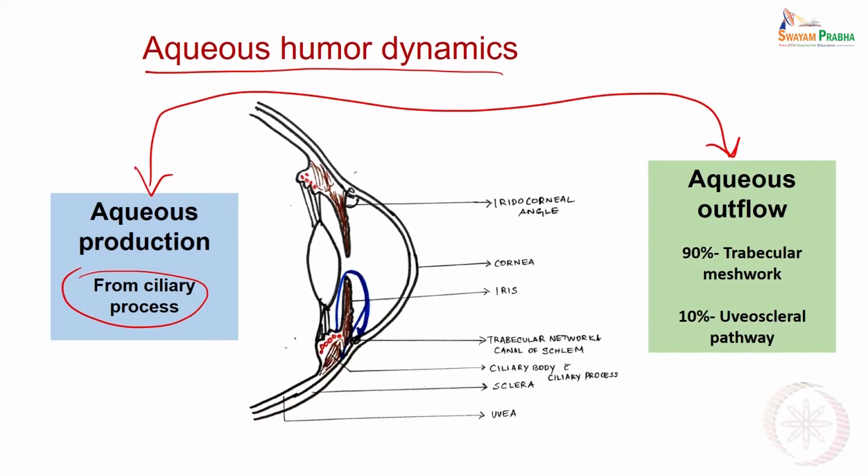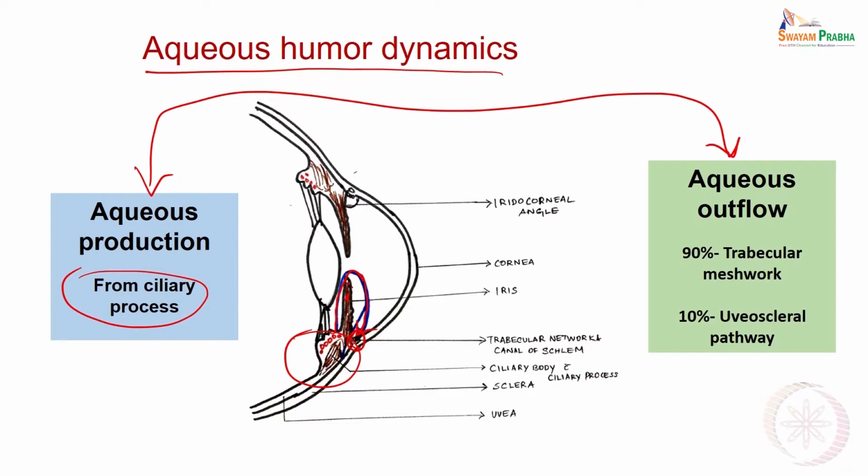This ciliary body makes the aqueous humor, which goes from the posterior chamber to the anterior chamber, and this is the iris which sort of makes a gate.